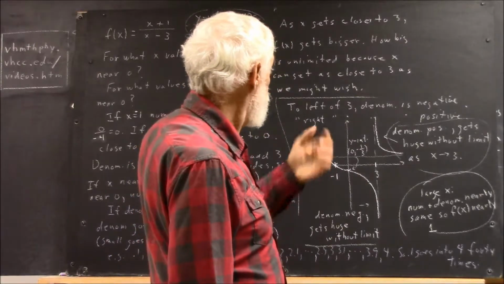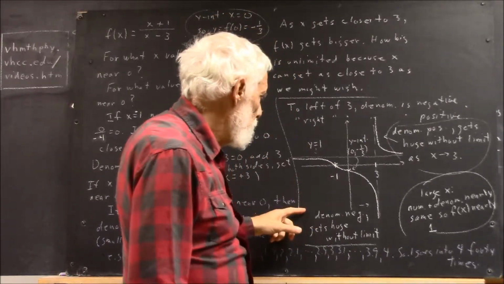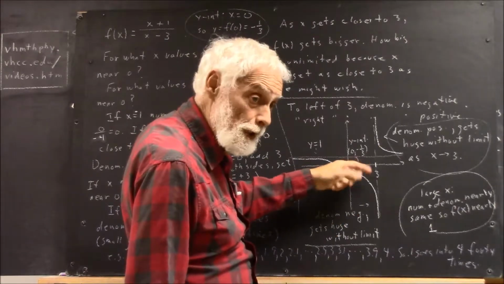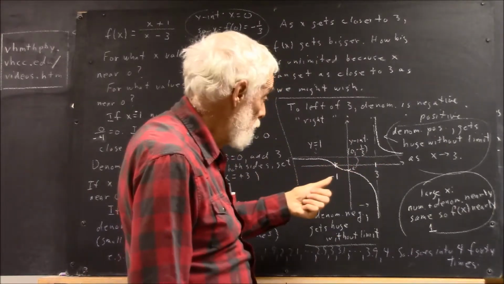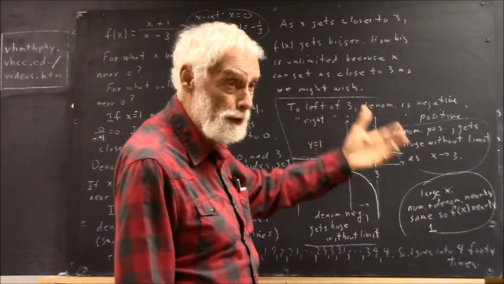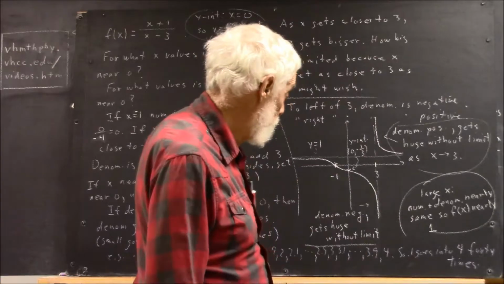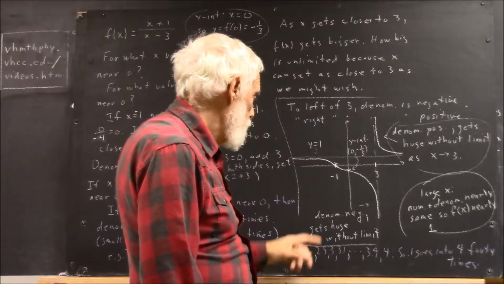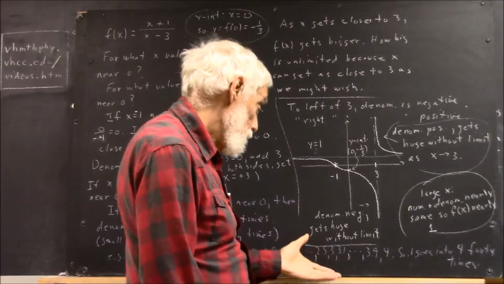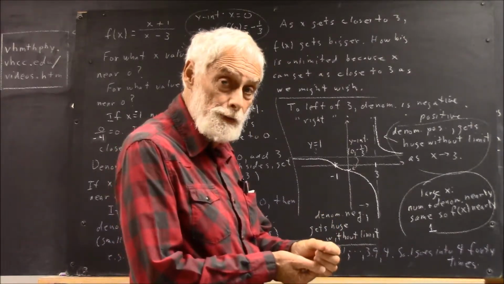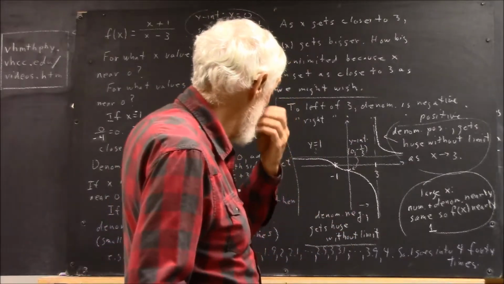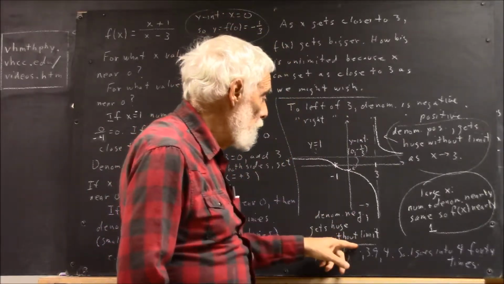Okay, so as you get very close to 3, the denominator is negative as you move close to 3 from the left, for numbers less than 3, 2.9, 2.99, 2.999, whatever. The denominator is negative, and it gets huge because of what happens when you divide a smaller and smaller number into a number that doesn't change much. It gets huge without limit.